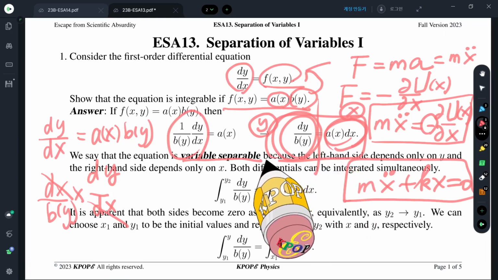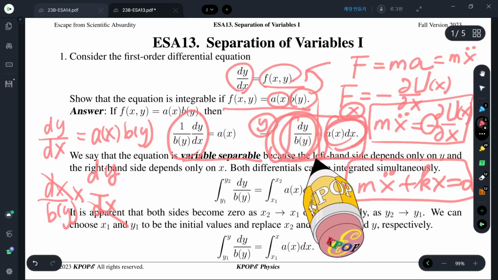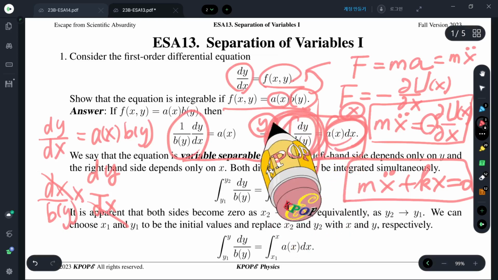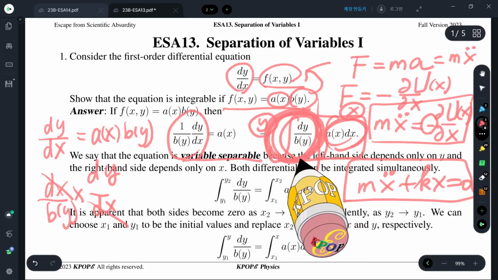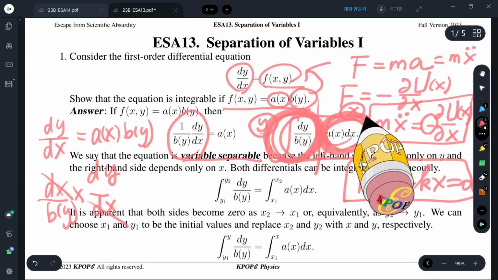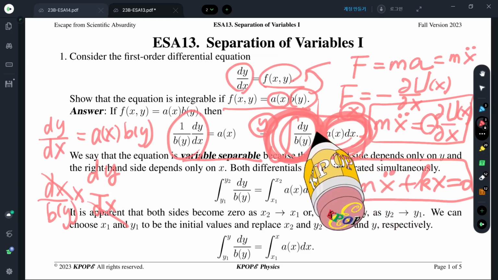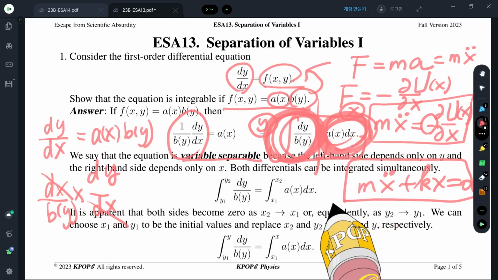In that case, we can integrate both sides simultaneously without any problem. If you know an integral table, you can integrate this, and finish the integral for the right-hand side and let them be equal.